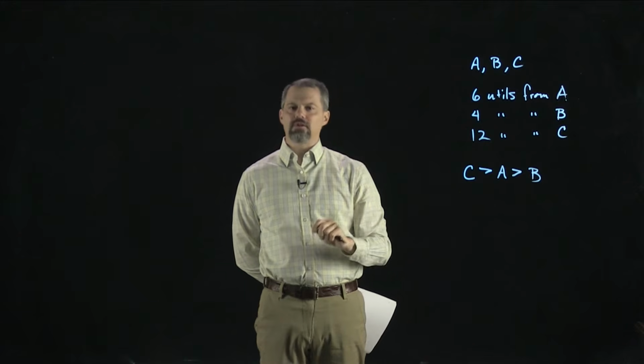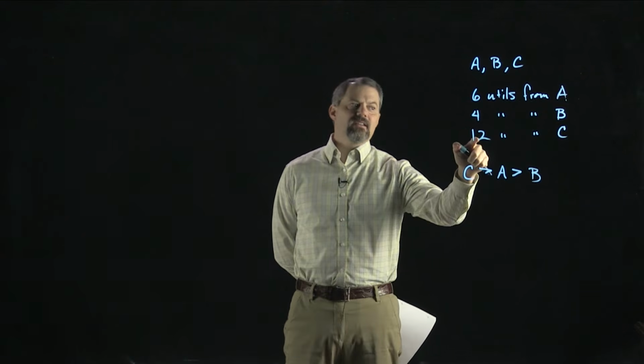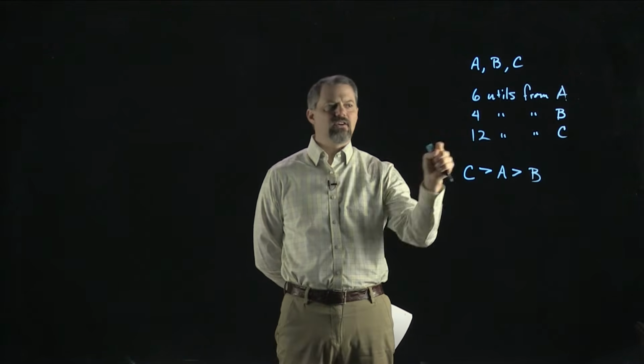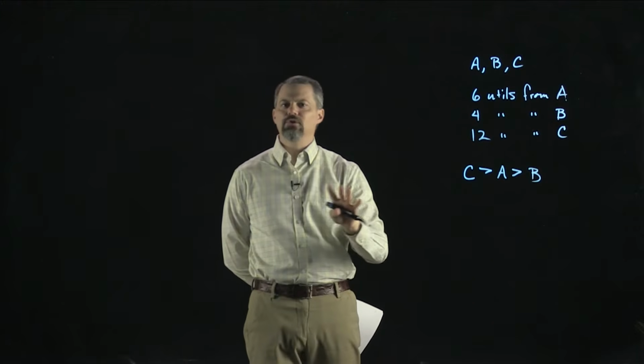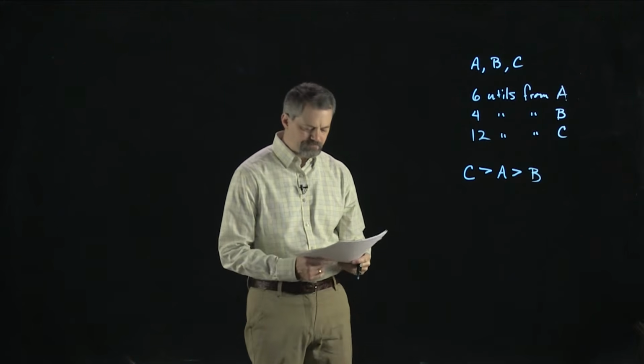If this was a cardinal ranking, then we would be able to say that they like C twice as much as A. The cardinality tells you something about the difference between these two. We don't use the utility function that way. We only use it to order bundles.